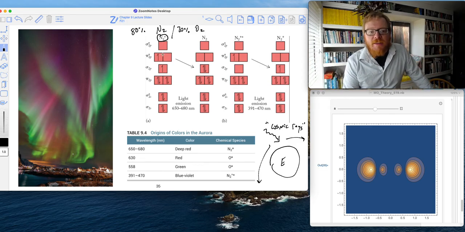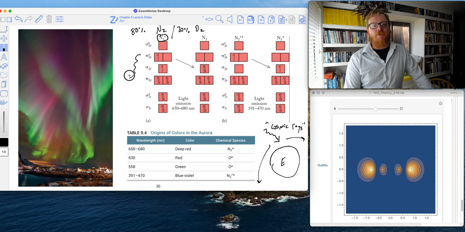And so when that electron falls back down to the ground state, it emits light in the process, just like what we learned in our hydrogen spectra. So light is given off. Well, as it turns out, that light is between 650 and 680 nanometers, which is this beautiful deep red color that we can see right here.